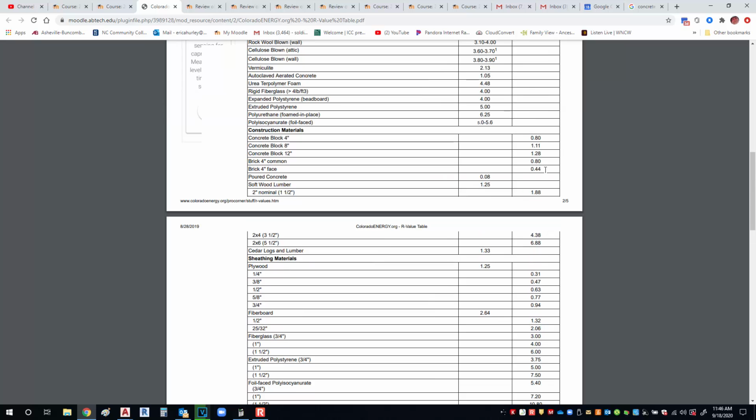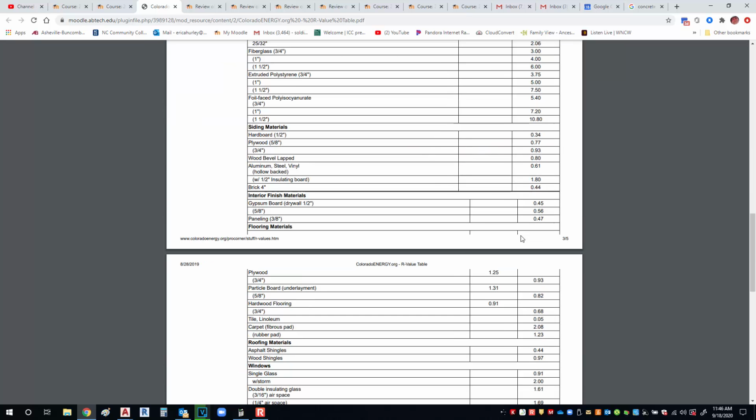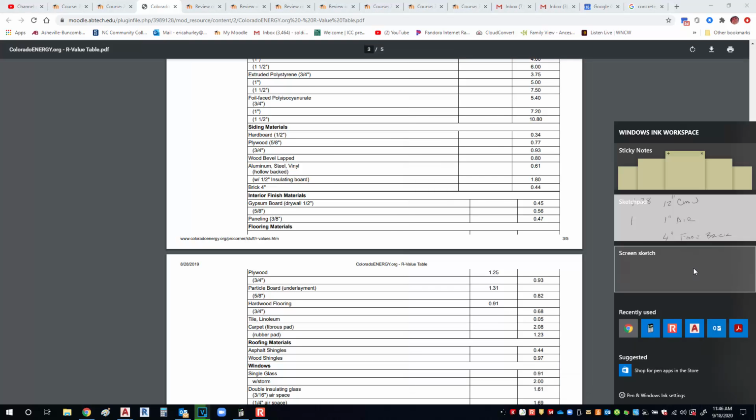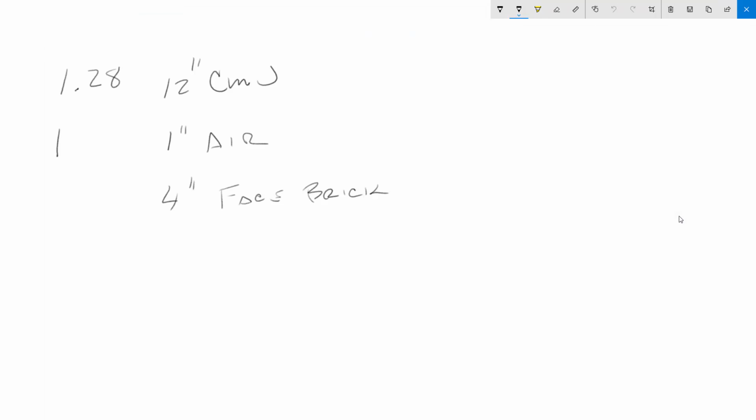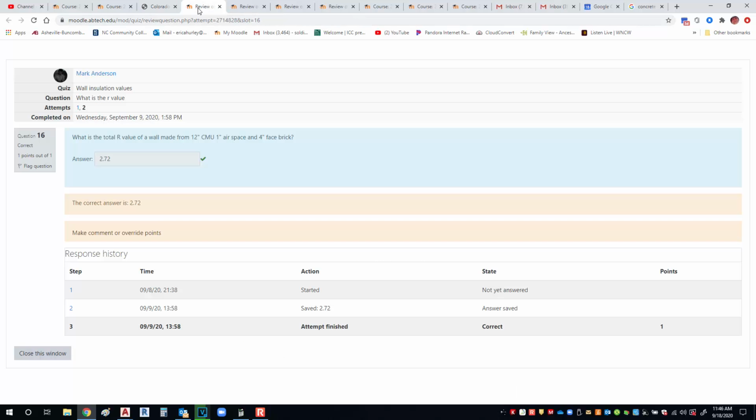Use the face brick, 0.44. So let's add these up. 8, 10, 11, 12. Carry the 1, 4, 5, 6, 7. 2.72. Bam! 2.72.